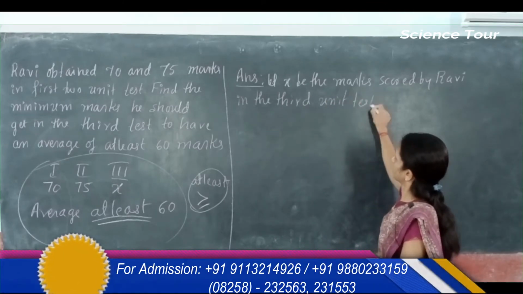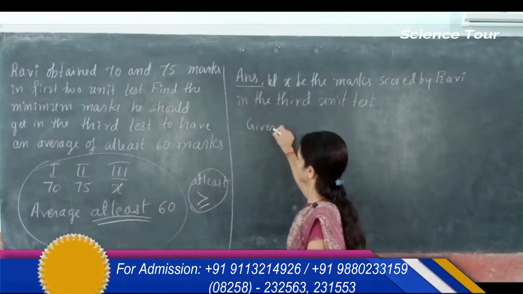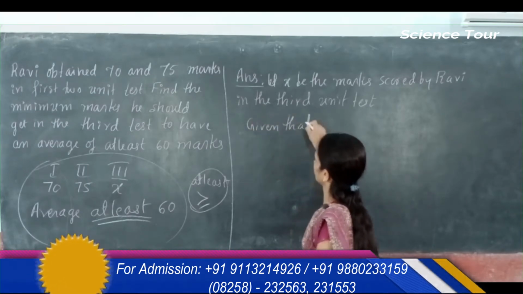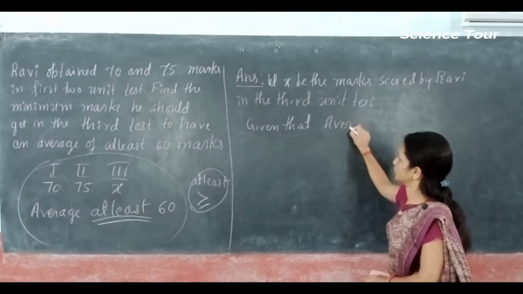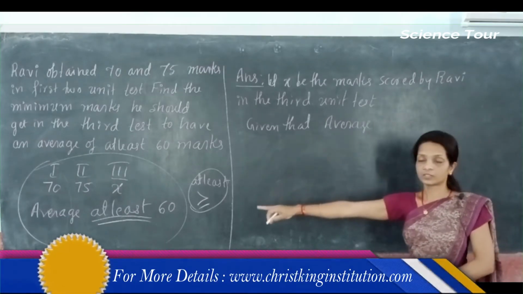And what are we given? Average should be at least 60.